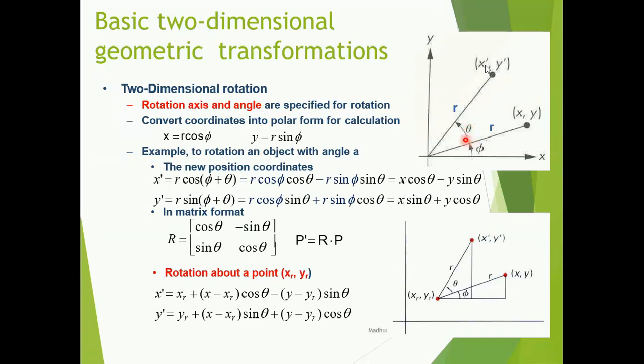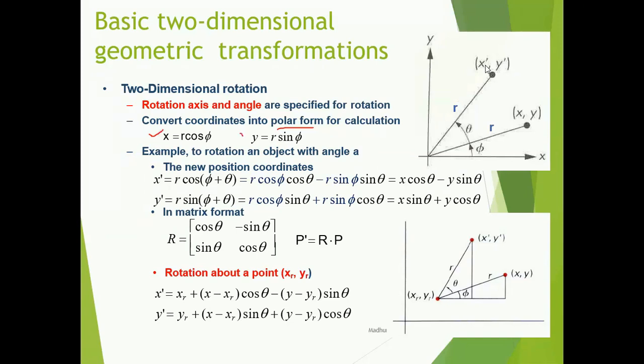Now let us see how to write the coordinate values in the polar form. Suppose you have done the rotation, you have to specify it in the polar form for calculations.